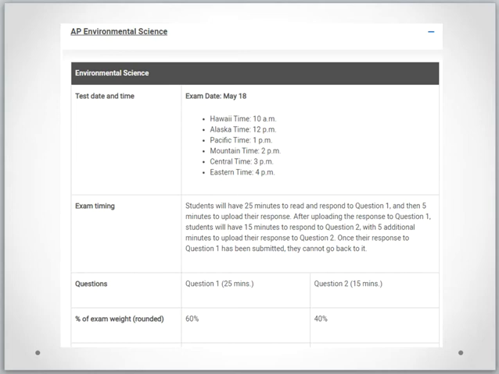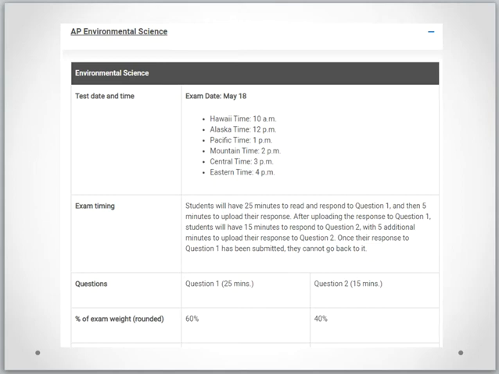Students are going to have 25 minutes to read and respond to question 1, and then 5 minutes to upload the response. After uploading the response to question 1, you will have 15 minutes to respond to question 2, with an additional 5 minutes to upload your response to question 2. Once your response to question 1 has been submitted, you cannot go back to it.